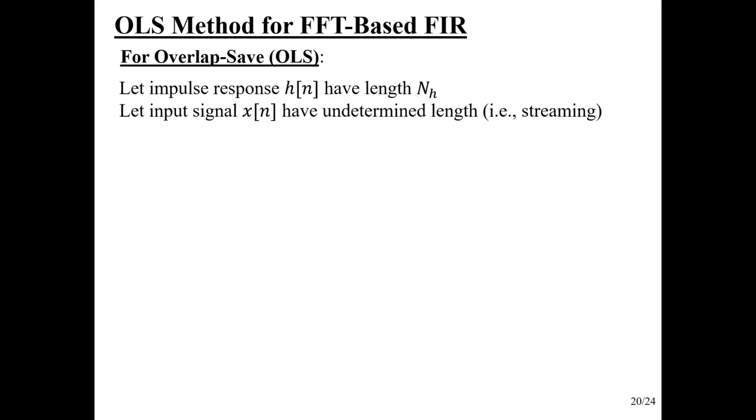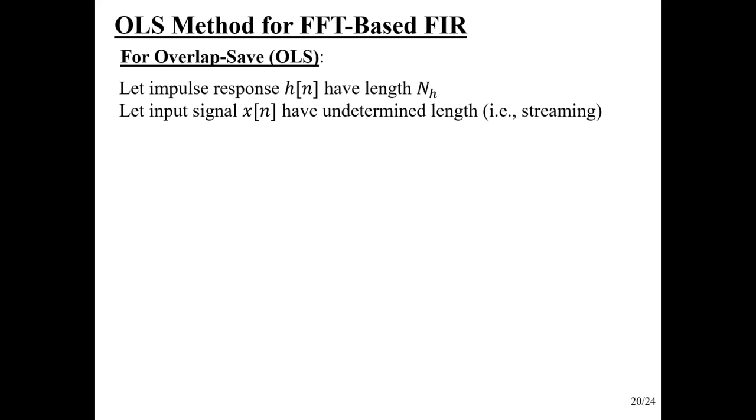In overlap add, we set things up so that everything we get out of the inverse DFT is a valid result. We keep everything, and it overlaps with the next block. In overlap save, we set things up so that of the things we get out of the inverse FFT, only some of them are good and some of them are bad.